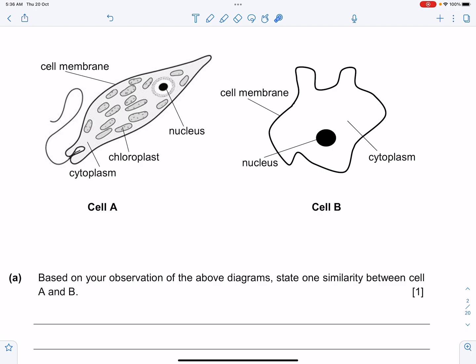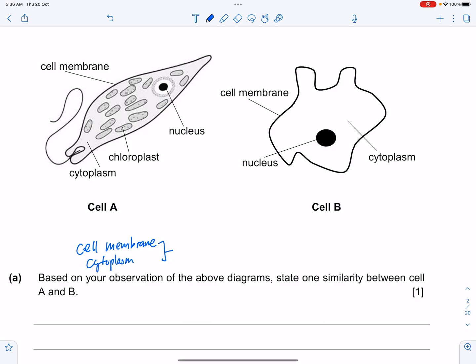There are two things that all cells would definitely have. Alright, and the two things that all cells would have would be your cell membrane and your cytoplasm.